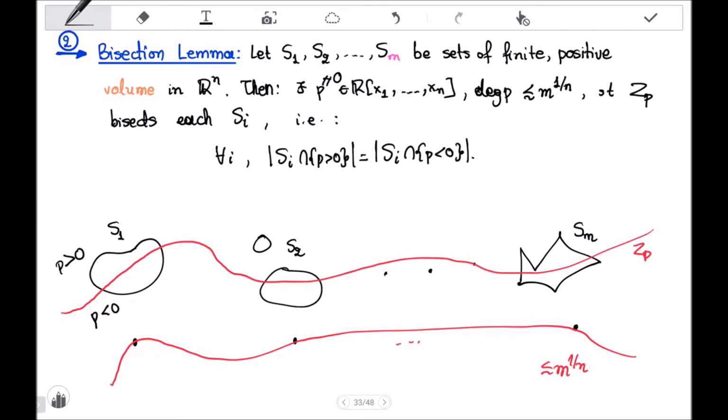That is what bisection means. So literally in half for all these. And now we weren't interested in bisecting sets of finite, positive volume. We're interested in bisecting sets of points. So that is the third step.